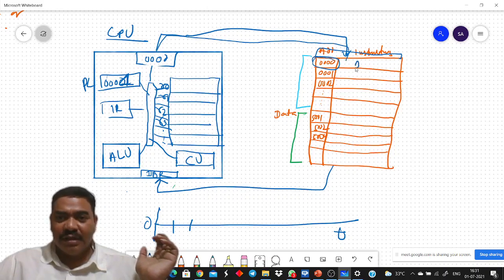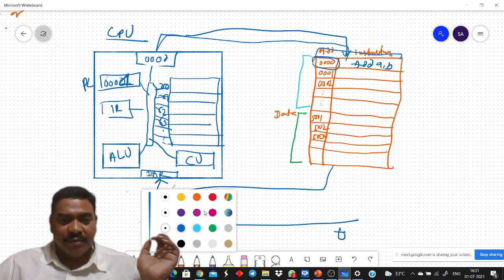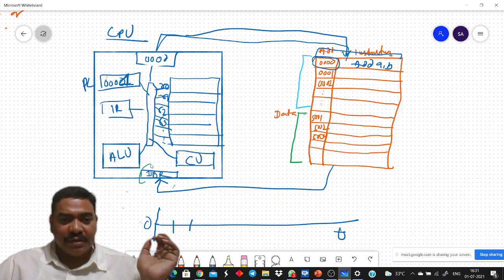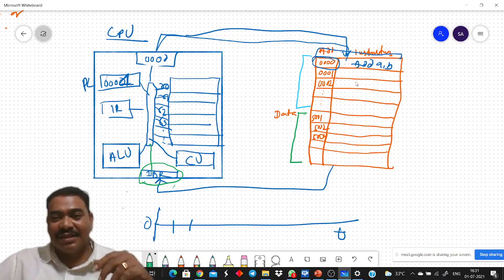Suppose here the instruction is ADD. This instruction will be fetched and placed in the data buffer register. From the data buffer register, the processor will decode this instruction.